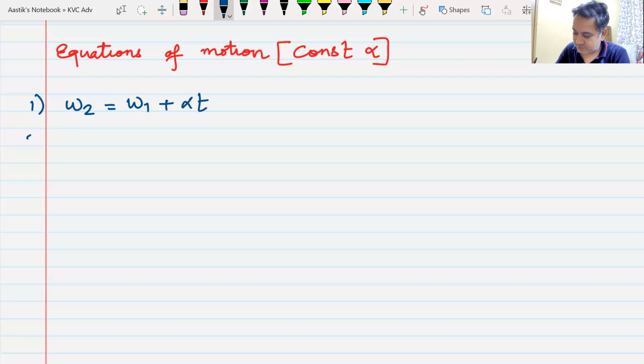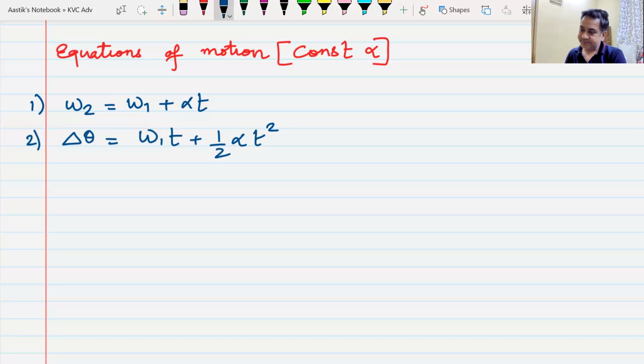Equation number 2: delta theta is equal to omega 1 t plus half alpha t square. Do we understand this?